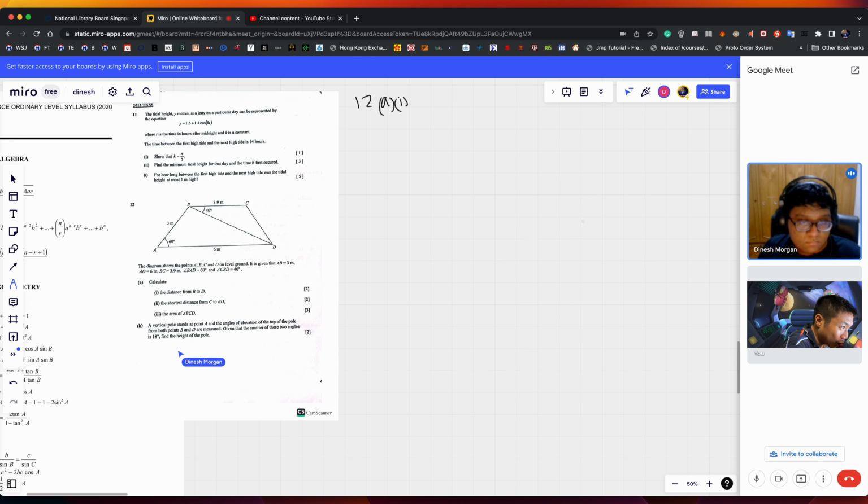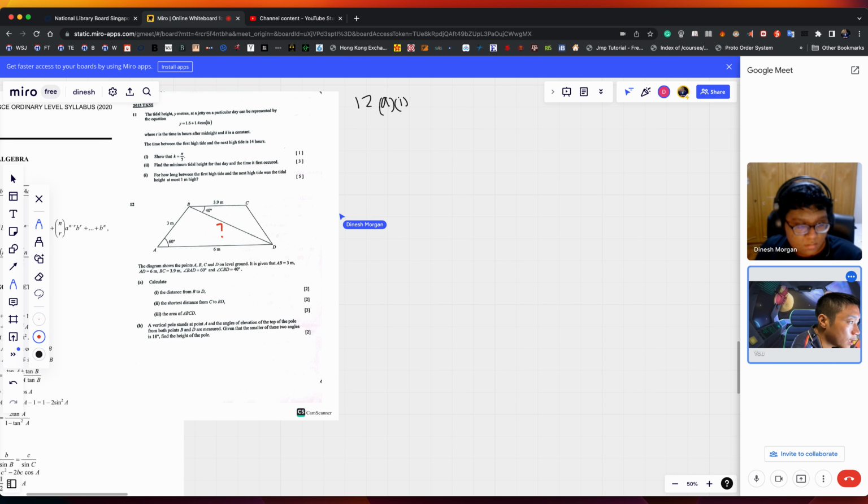So how? It's a square equals b square plus c square minus 2bc cosine A. Cosine rule? Yeah. Why? Because I have the angle here in between. Exactly. So this BD square is equal to 3 square plus 6 square minus 2 times 3 times 6 cosine angle 60, right?